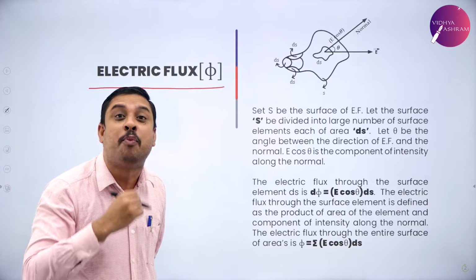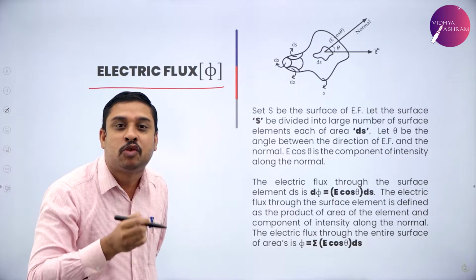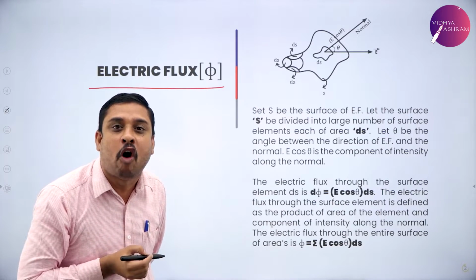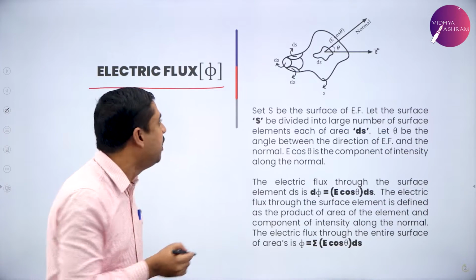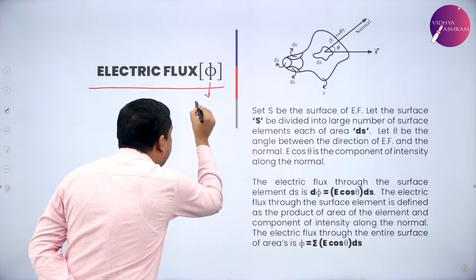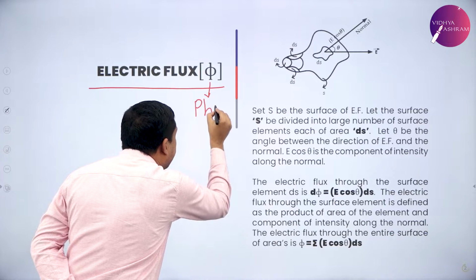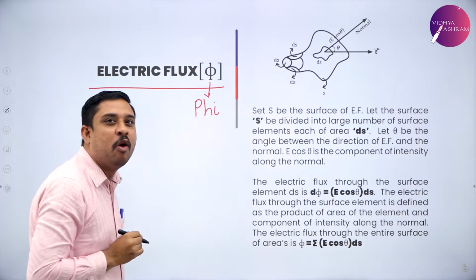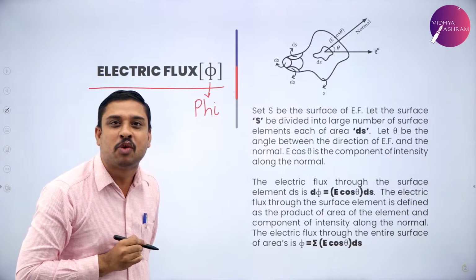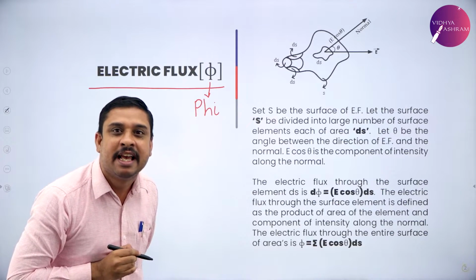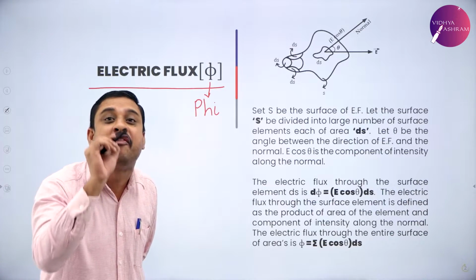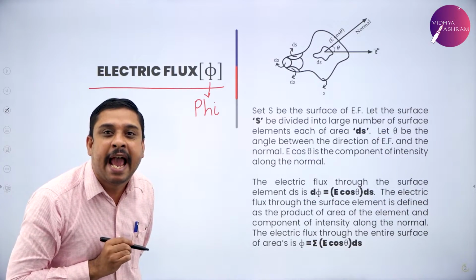So it is a very important term for us to understand, which is denoted by the symbol phi. So electric flux is denoted by the symbol phi.